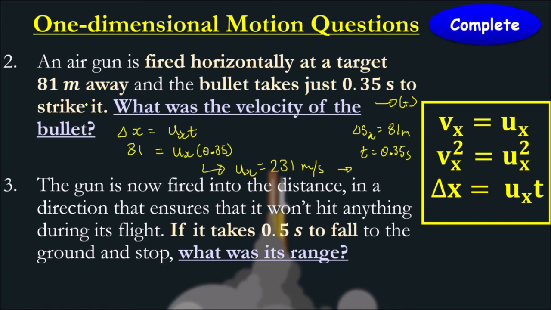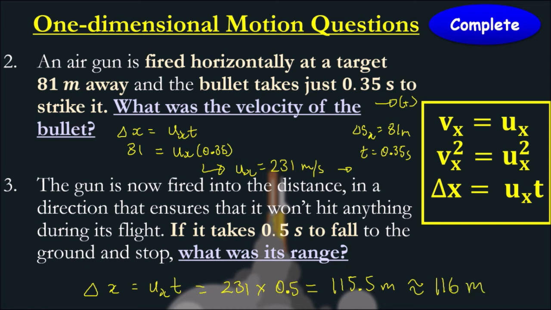So continuing on from the question that we had up here, the displacement, like so, the speed we had was 231, times that by our specific time here, 0.5. So it would have traveled around 115.5 meters, or if you would like to make it into 3 sig figs, 116 meters overall.